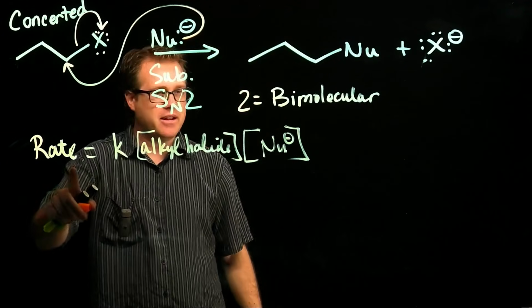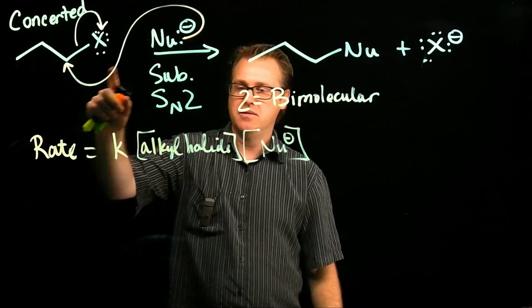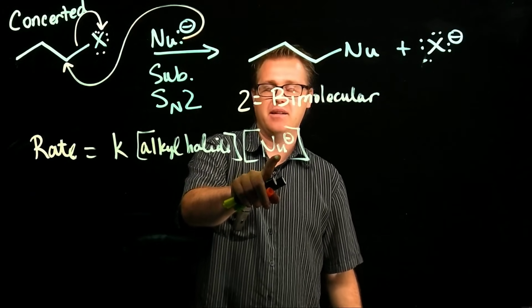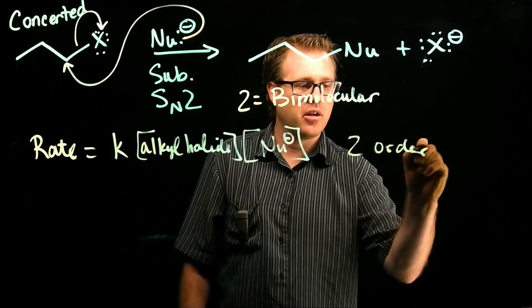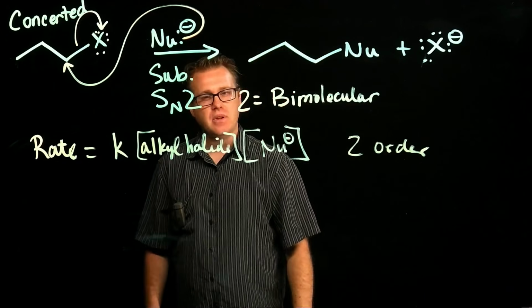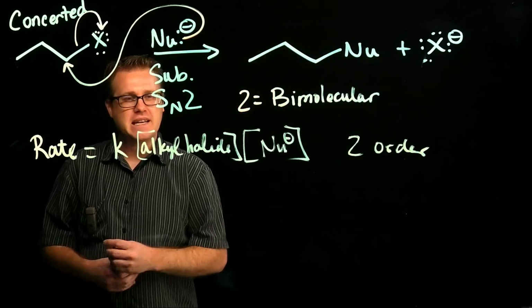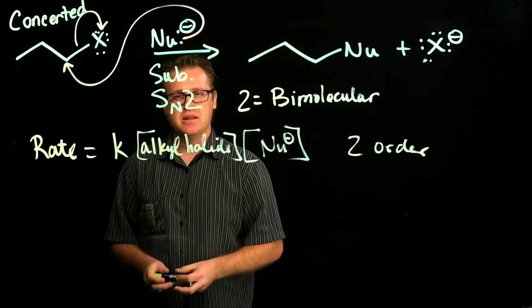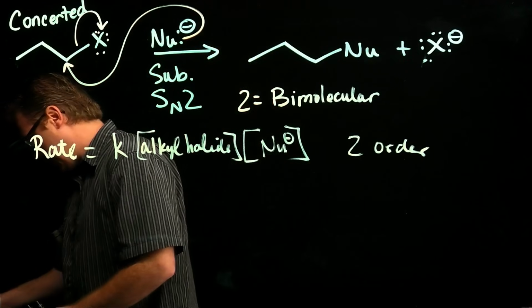And going back to rate laws, you will see that when that's the case, when you double that and the rate doubles, or when you double that and the rate doubles, we have a second order reaction. And this second order reaction, just understanding the kinetics here, helped the scientists figure out the mechanism. Okay.